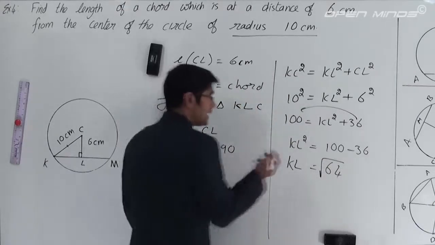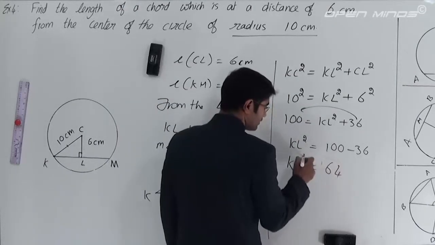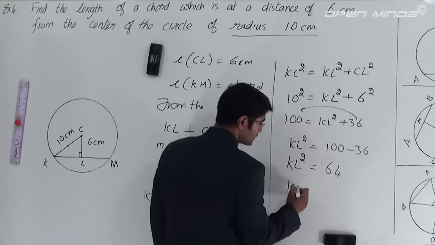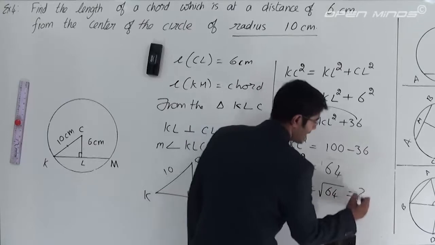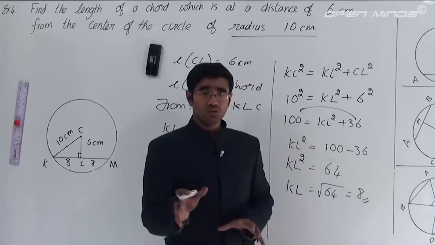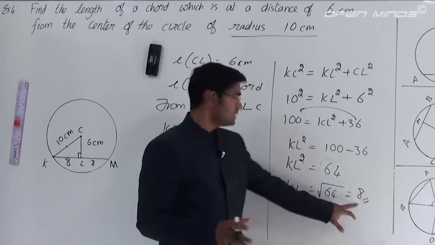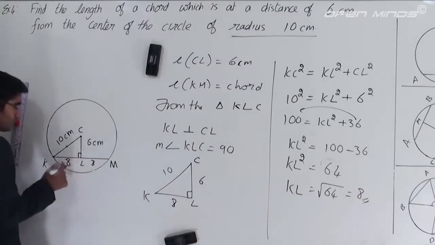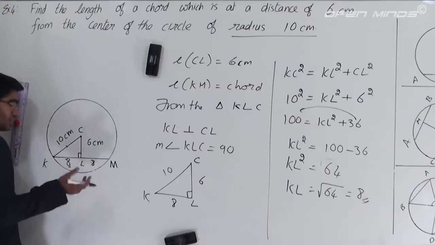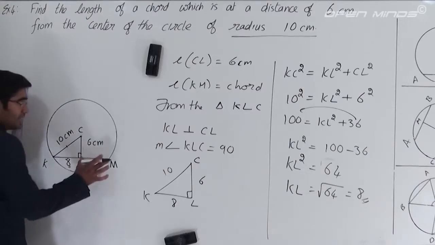And KL is the square root of 64. Why is that? Simply because if I have a square, I can remove the square and put a square root on this side. So that goes to 8. We got KL is 8. Let's put it here. So I understand that KL is 8. Now I know that if KL is 8, even LM is 8. Why is that?